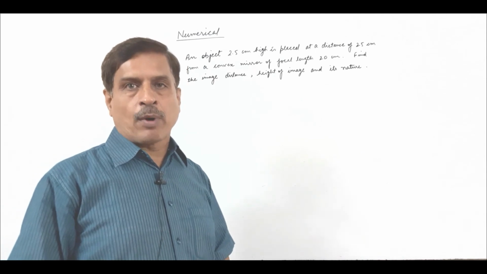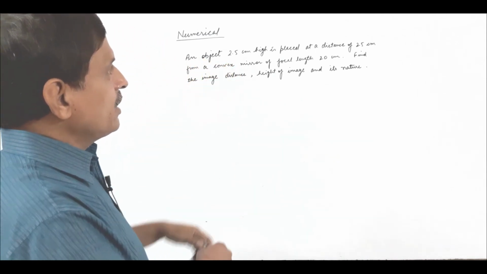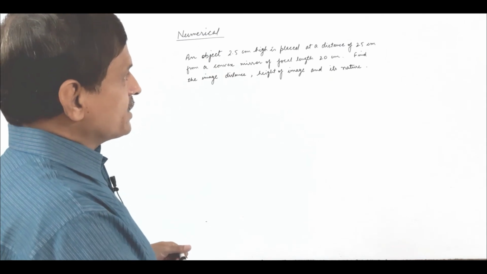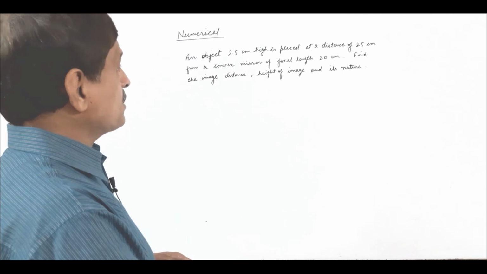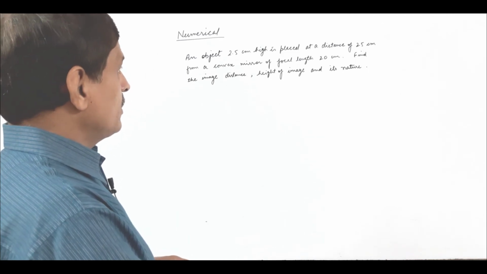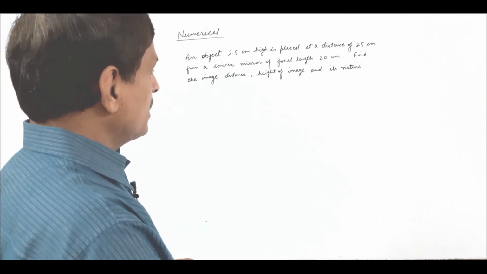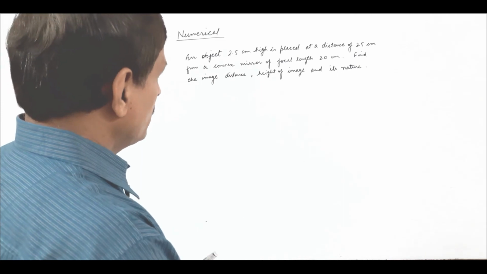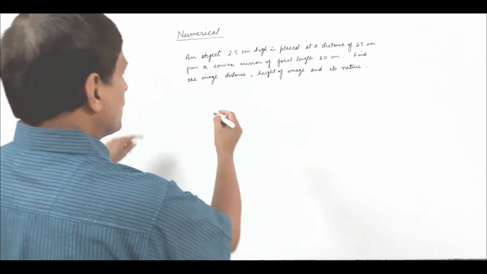In the next numerical problem, an object 2.5 centimeter high is placed at a distance of 25 centimeter from a convex mirror of focal length 20 centimeter. Find the image distance, height of image and its nature. So we first pen down the information which is given.